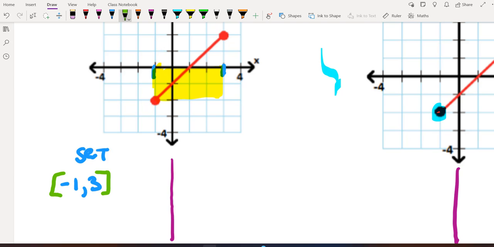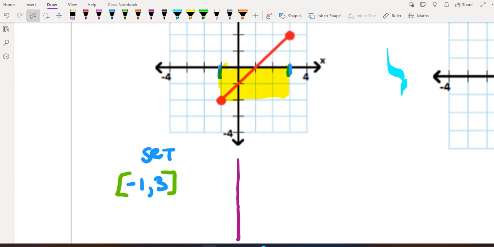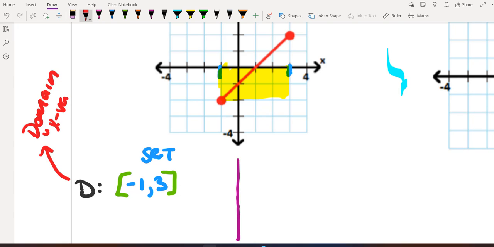Okay, so that is our range of values for our domain. And we need to let people know that we're talking about domain. So we put a little D here and a little dot here. So that D is saying this is domain, and a reminder for us, these are x values, right?